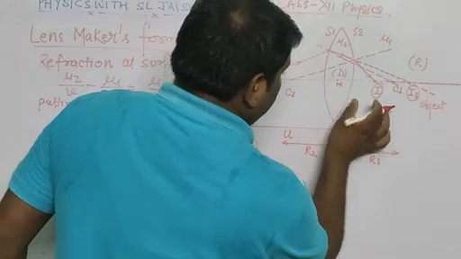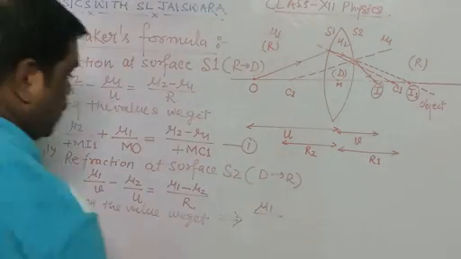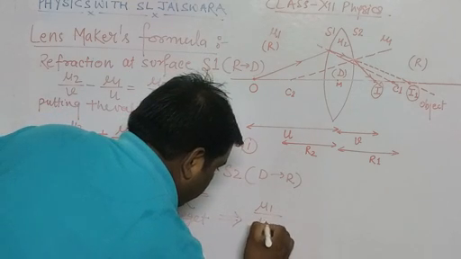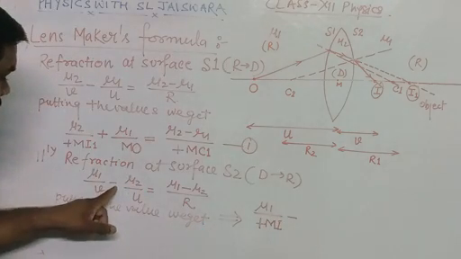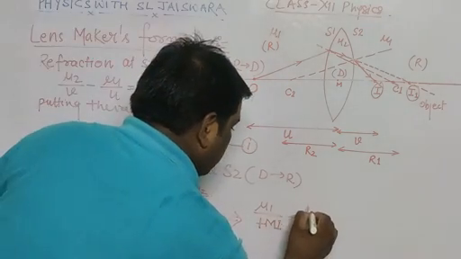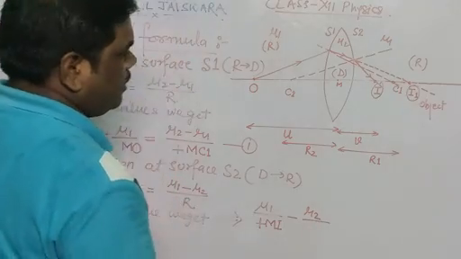It is very simple. mi will be the image distance, so the sign of mi will be positive. mi minus mu2 upon u, where u means object distance.